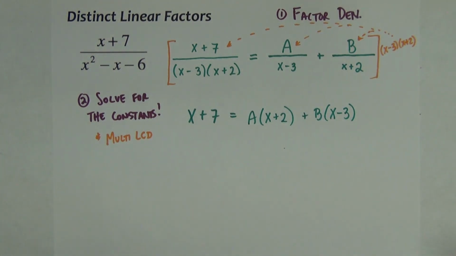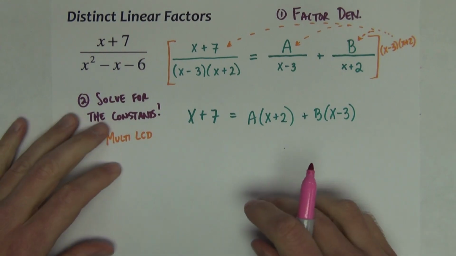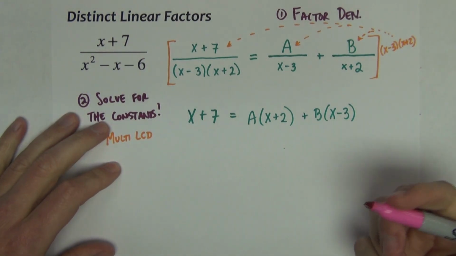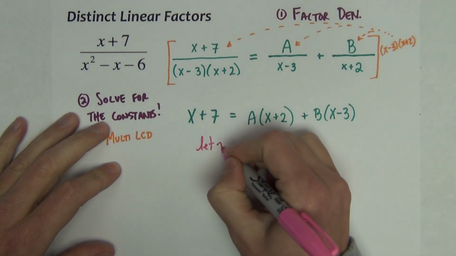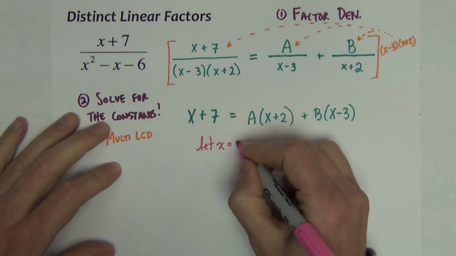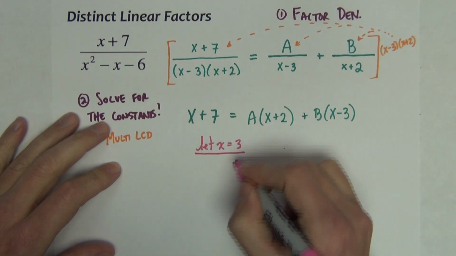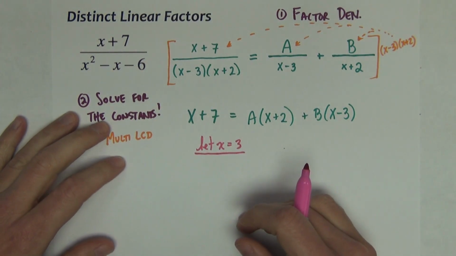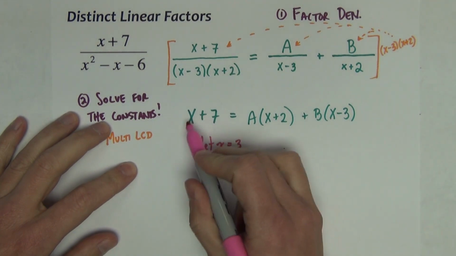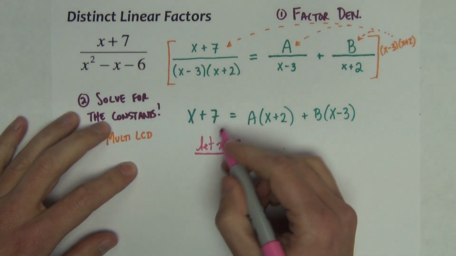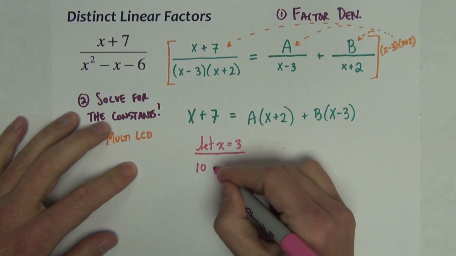The way I'm going to solve this linear equation is by picking some values for x. Maybe it's not so arbitrary, and there'll be a method to why I choose the numbers that I choose. I'm going to begin by letting x equal 3. If x equals 3 and I substitute that into the left-hand side of the equation, 3 plus 7 makes 10.